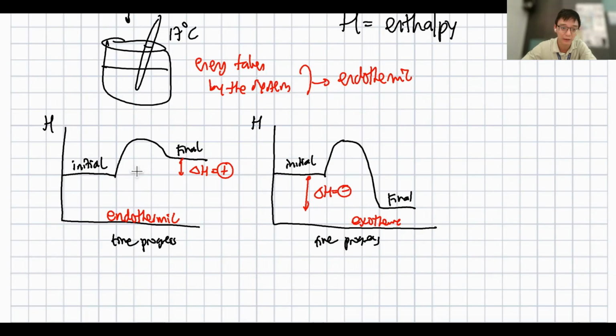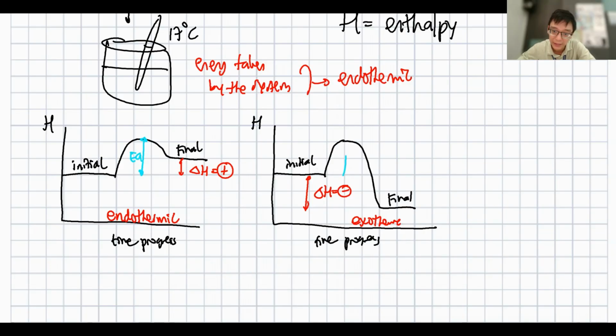Now, if you see from the graph, from the initial condition, it reached a certain peak. This peak is the level of energy that must be achieved in order for the reaction to proceed. If this energy is not achieved, the reaction will not progress. We label this the activation energy.